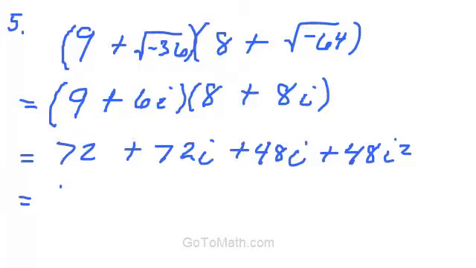Okay, what do we got going on here? So i squared is negative 1, so that's going to make negative 1 times 48 is negative 48. So that's going to end up being 72 minus 48 plus, and then we have 72 plus 48. 72 plus 48, is that 120?